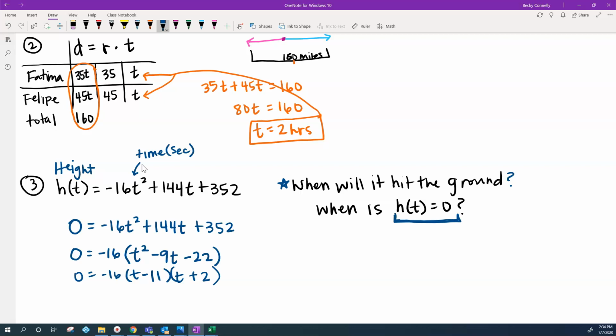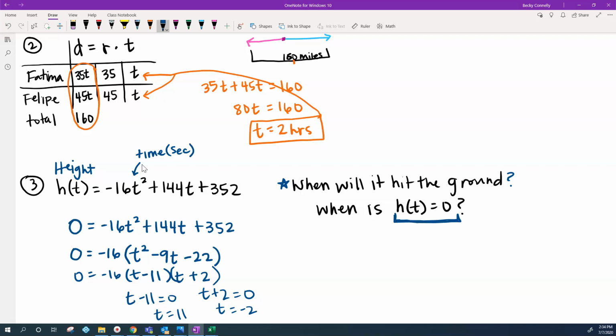All right, so remember, you're setting each part equal to 0, but that negative 16 doesn't have a t to solve for, so you're not really setting that part equal to 0. You're doing t minus 11 equals 0 and t plus 2 equals 0. And so here we get t equals 11 and t equals negative 2. Well, can we have negative 2 seconds?